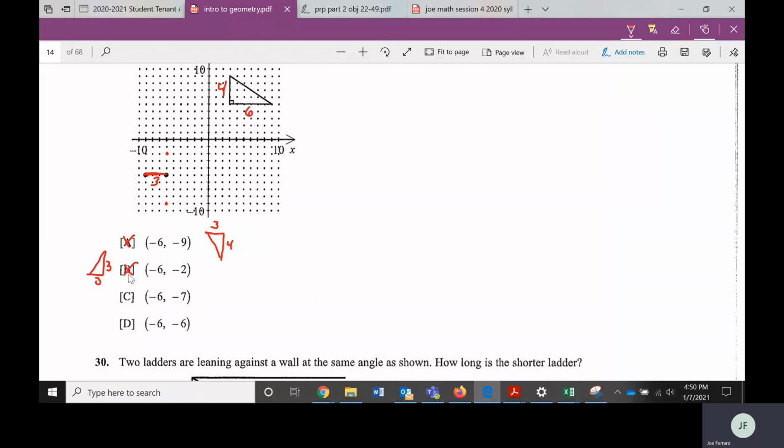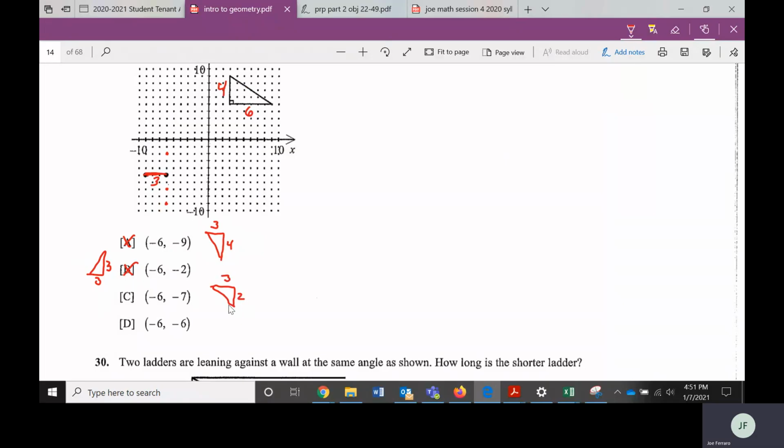So they're not similar, they're not proportional. Okay, so let's go -6, -7. Okay, so -6 and 1, 2, 3, 4, 5, 6, 7. Be right here. So what we have for side here is we'd have 3 and then down 2.